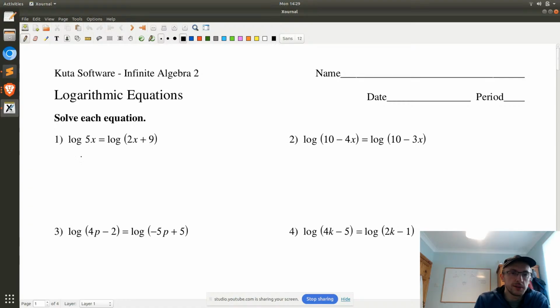Okay, so just start out by raising 10 to the power of both sides, because don't forget there's an invisible 10 down there. And then 5x is equal to 2x at 9, which tells me that x is 3.